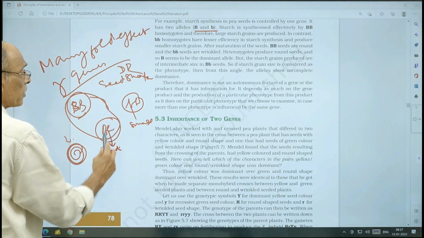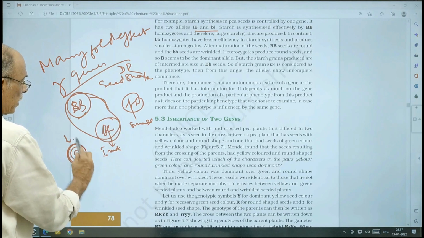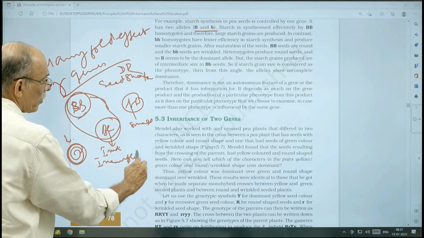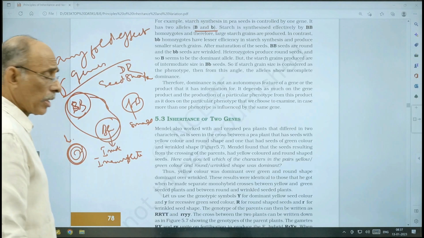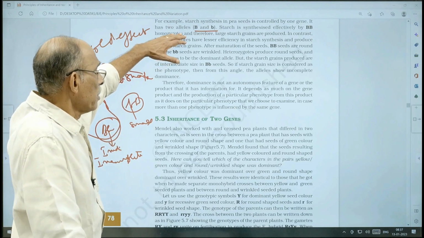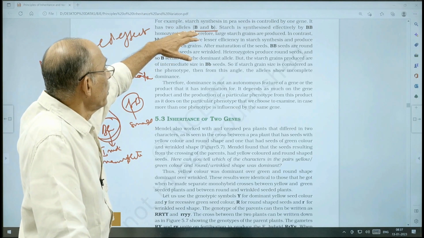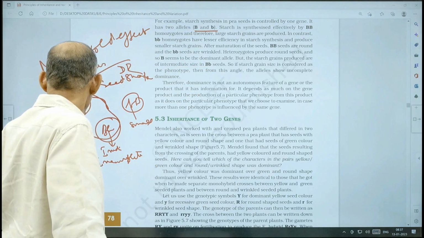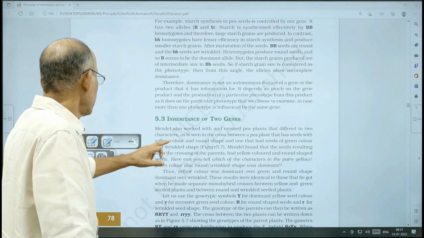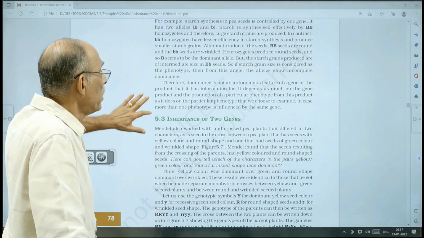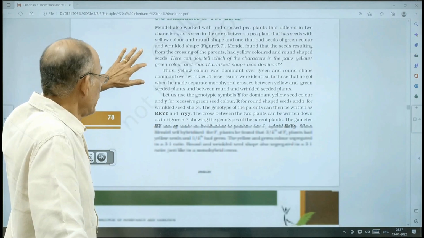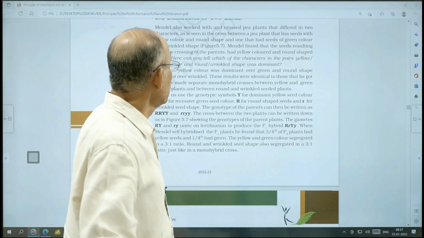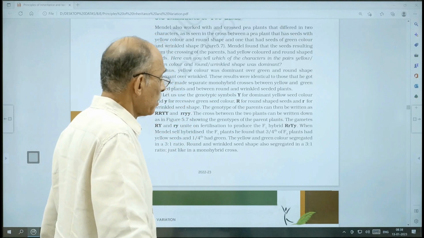So with regard to starch grain size, the character shows incomplete dominance. So one gene affects more than one character: one is seed shape, which is dominant recessive, and the other is starch grain size, which shows incomplete dominance.